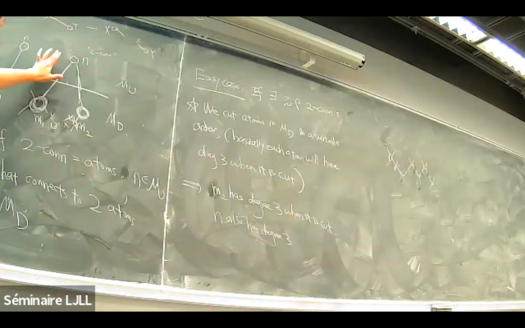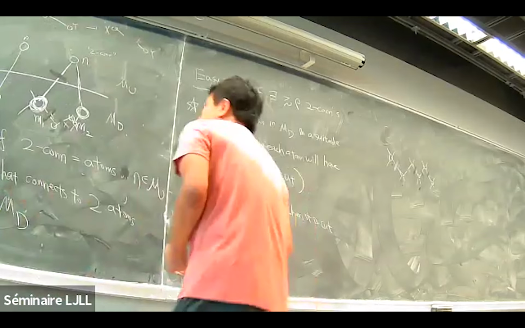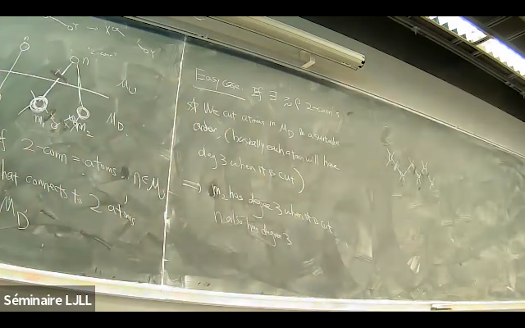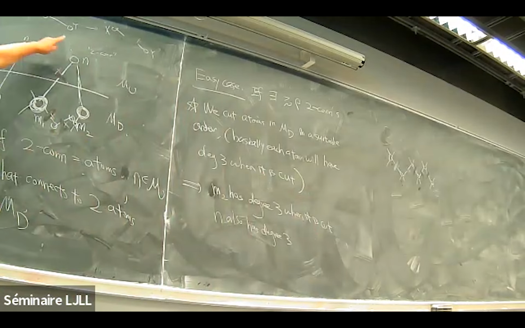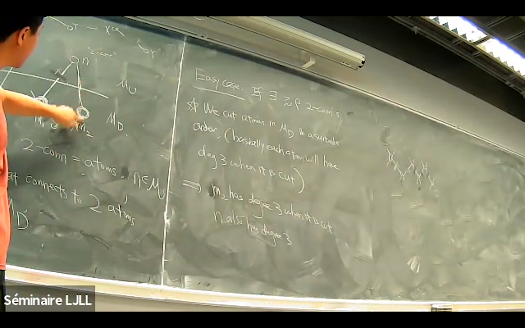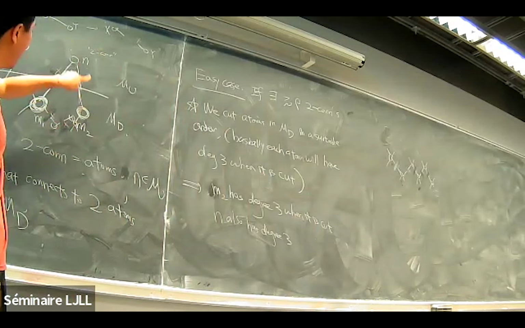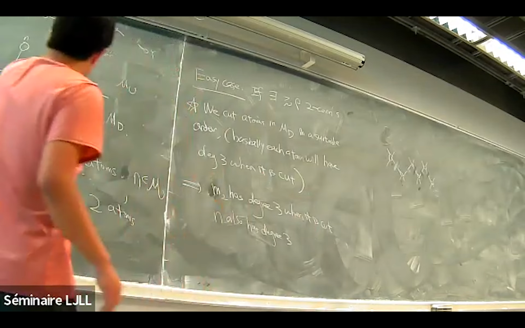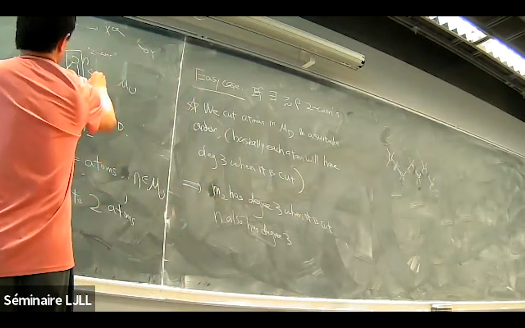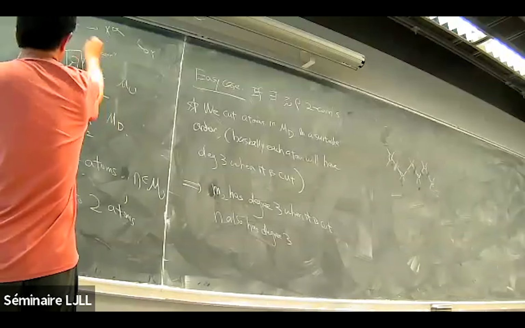Because M1 has been cut, if we cut, then we get a fixed cross at this end. So it still has degree 3. Which means that when you have any two connections, the time when it's cut is always a 3-3, because at this time N2 is connected with N, and N2 has degree 3, and N has degree 3, so you get this 3 kind of for each such two connections.